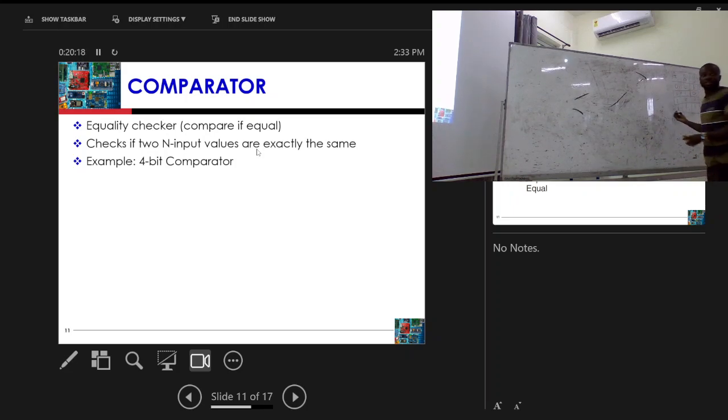Which gate can I use? Exclusive OR. XOR gate, right? So let's check.